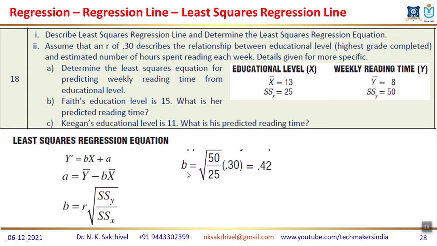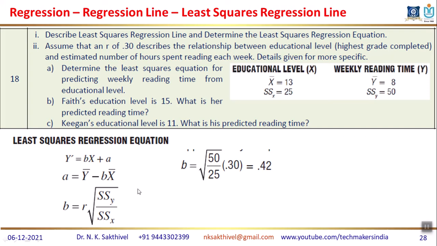First I wanted to calculate b. So b equals, what is the equation? That is r times the square root of the sum of squares of y divided by the sum of squares of x. I have r, because r is already given: 0.3. So put 0.3 here.